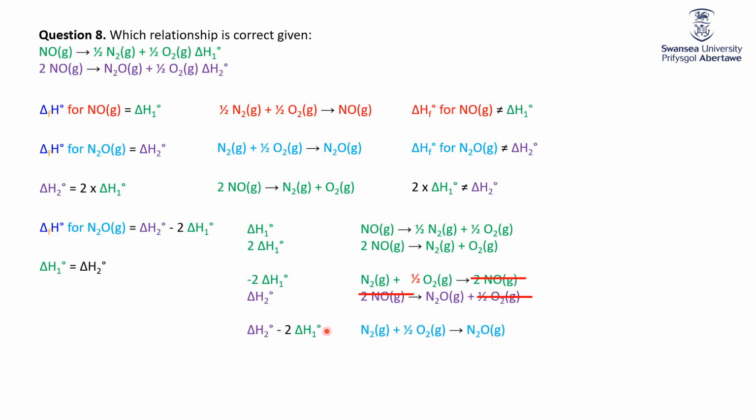So indeed, that is correct: when we take the equation that corresponds to delta H2 and subtract from it twice the equation that corresponds to delta H1, we do get the N2O formation equation. And then, of course, finally, delta H1 equals delta H2? Not even close. So this was a cute one that tested all kinds of fun little concepts and relationships.